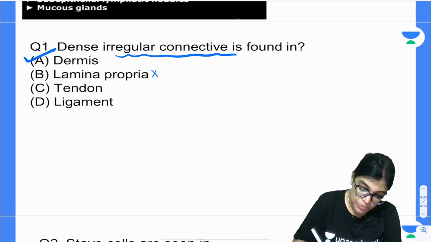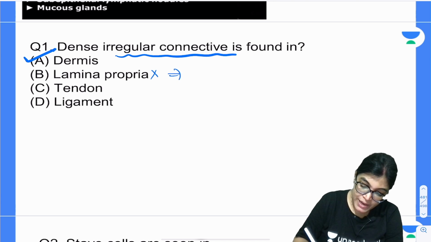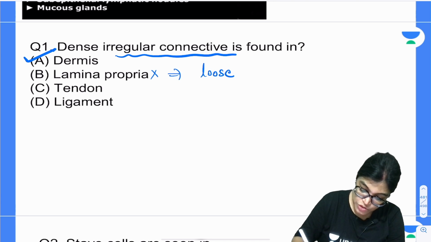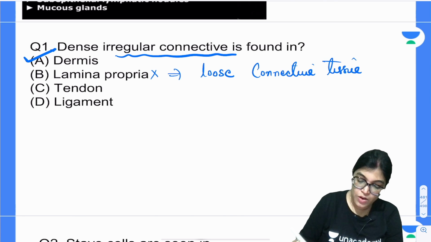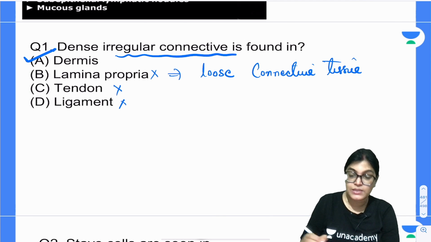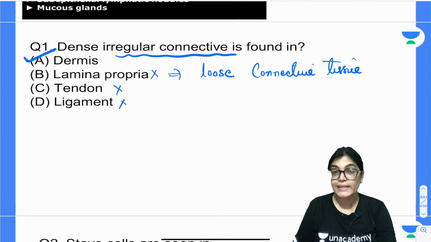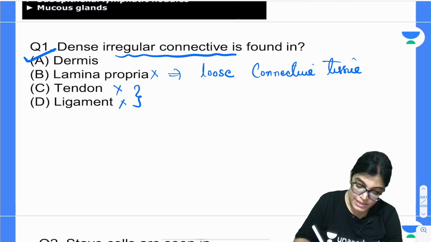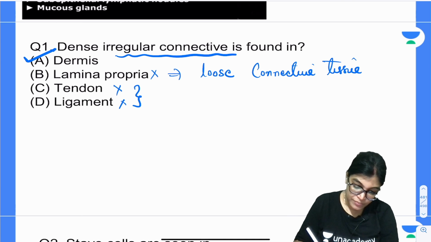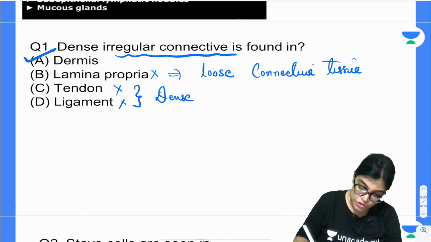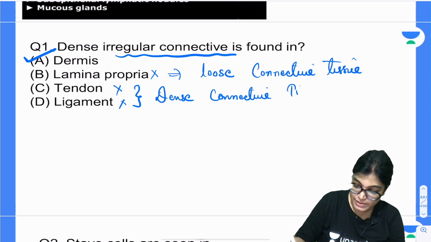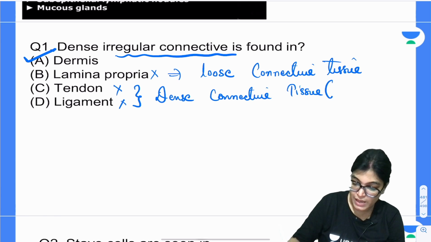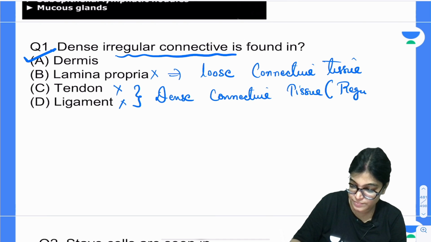So why is lamina propria not the right answer? Because lamina propria basically contains loose connective tissue. It does not contain dense, but loose connective tissue. Also tendons and ligaments are not the correct answer, because they contain dense connective tissue, but the arrangement is regular.